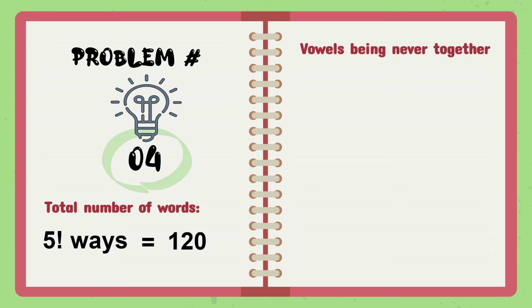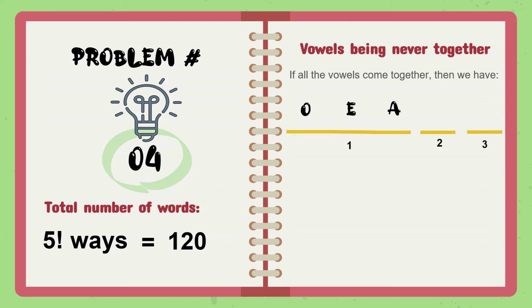On the other hand, if all the vowels come together, meaning to say O, E, and A, will be taken as one, then these can be arranged in 3 factorial ways.